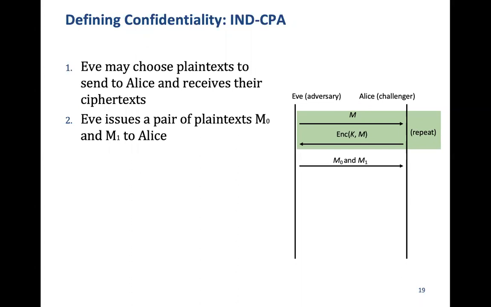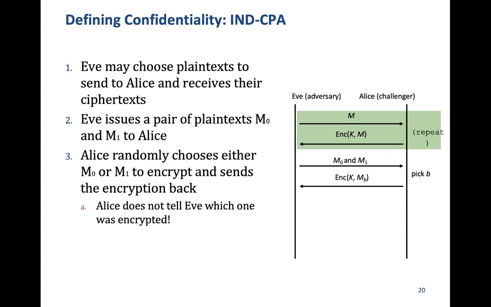Now Eve issues a pair of plaintexts M0 and M1 to Alice. Alice will randomly pick one of them, she calls it B, so B is either M0 or M1, and she encrypts that choice, which we call MB, and sends it back to Eve.